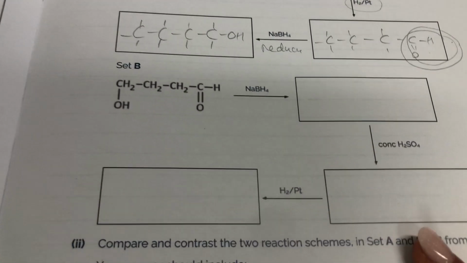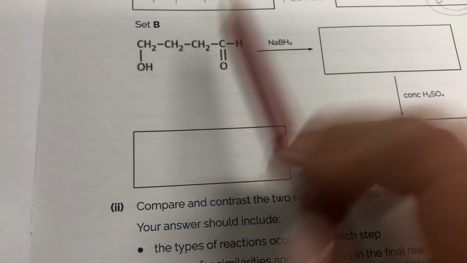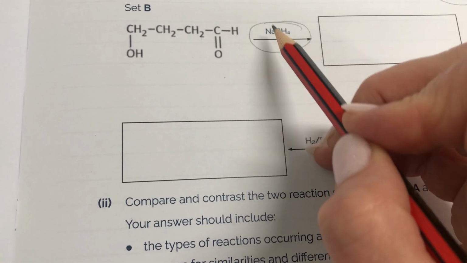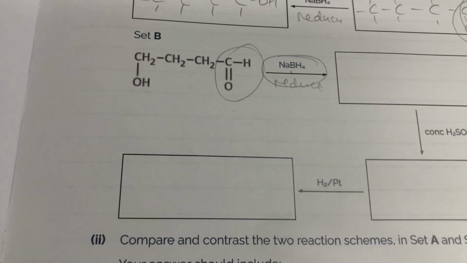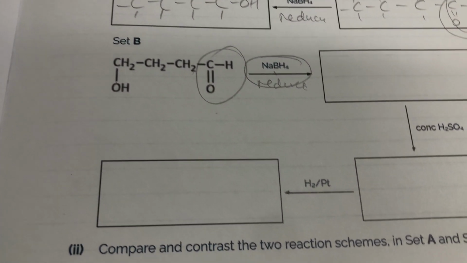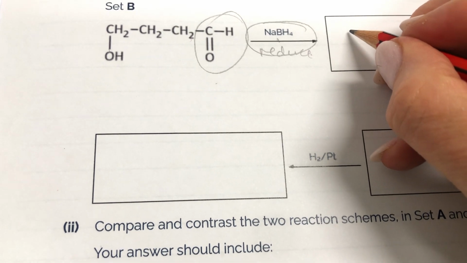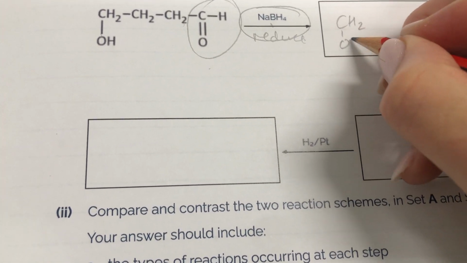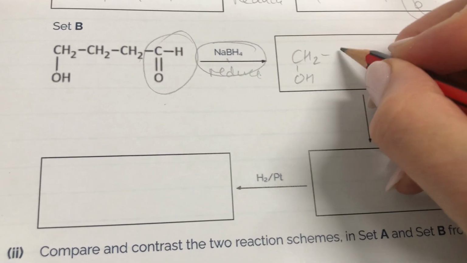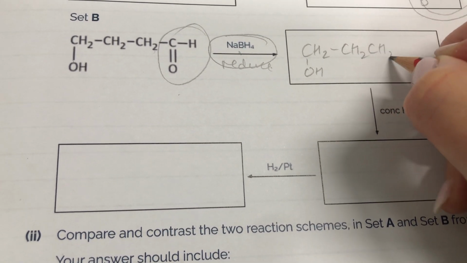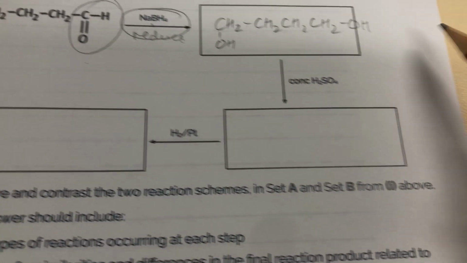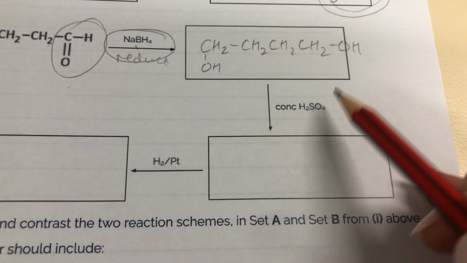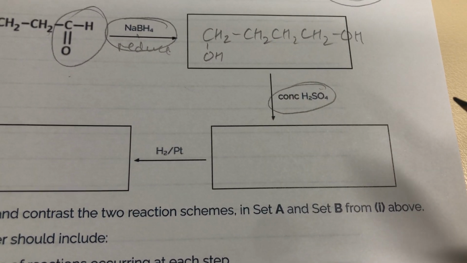Good job. Set B, we're going to start again, but this time we're going to reduce. So NaBH4 only reduces aldehydes. It's not strong enough to reduce a carboxylic acid. So we've still got CH2OH, CH2, and then we're going to have CH2OH again. This was the bit that got a lot of you. We've got the dehydration next.